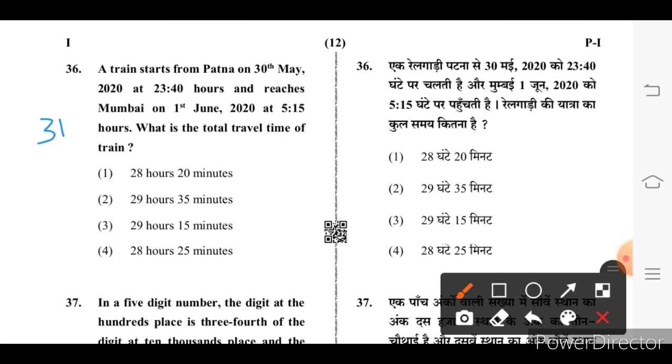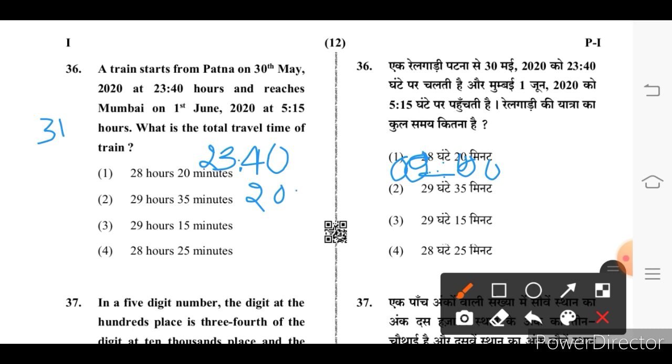The train started from 23:40, that means 11:40 p.m. night time. How many minutes until 24 hours, that means 0.00 midnight? When we add 20 minutes to this, we get 24 hours, that means 0 hours, exactly 12 o'clock.